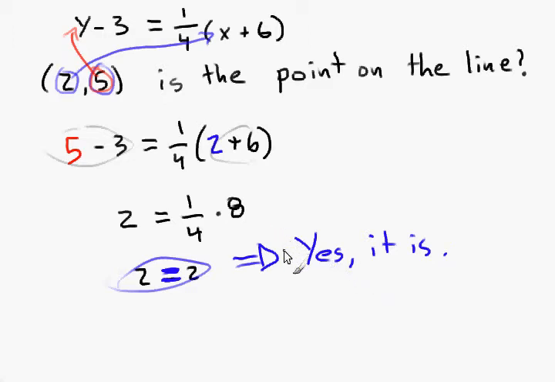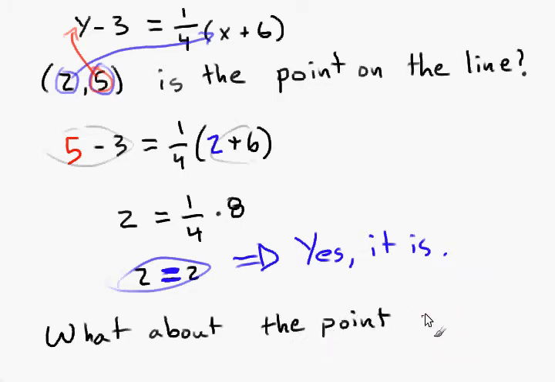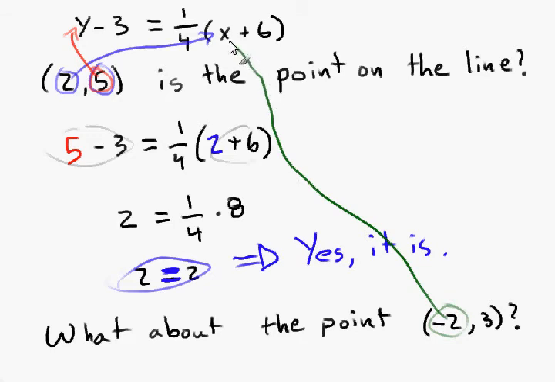Let's do this with another point. Negative 2, 3. We're going to do the same thing. We're going to take these values, negative 2, plug it in for x, 3, plug that in for y, and we'll see if the two sides are equal.